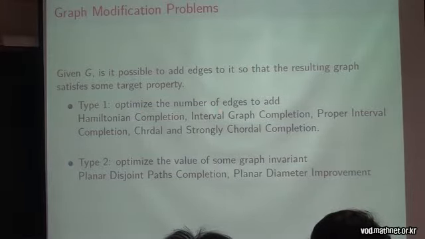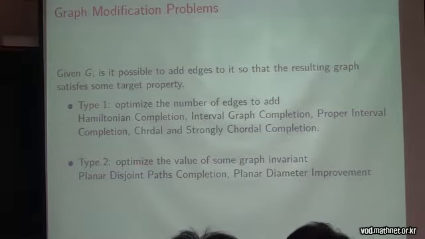If you consider a parameterized algorithm, for example, you can consider this number of edges to add as a parameter. So the objective will be the number of edges to add, while preserving the property of the target instance. Another type of problem is to optimize the value of the graph invariant with the added edges.